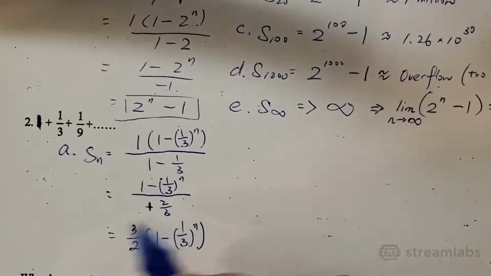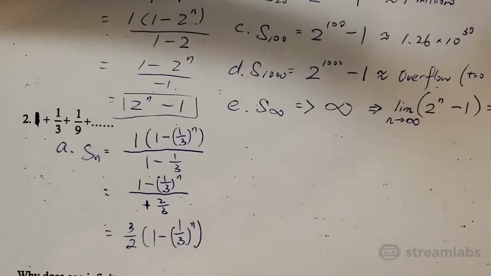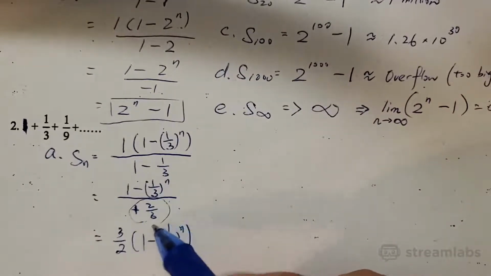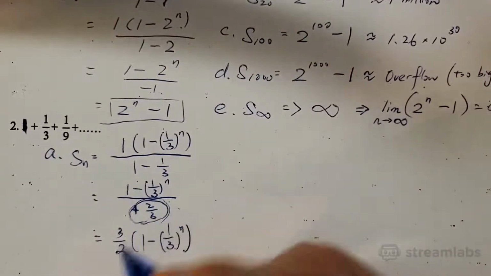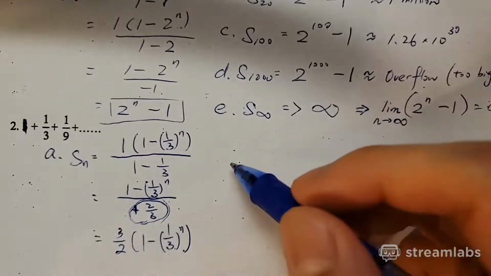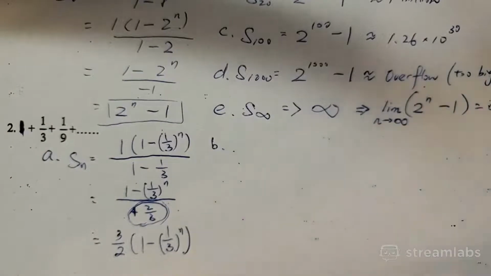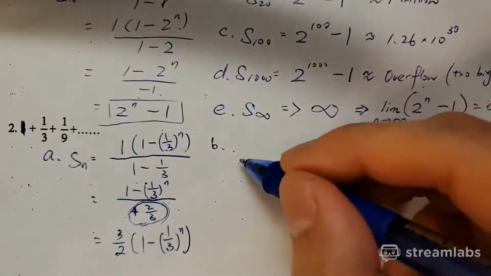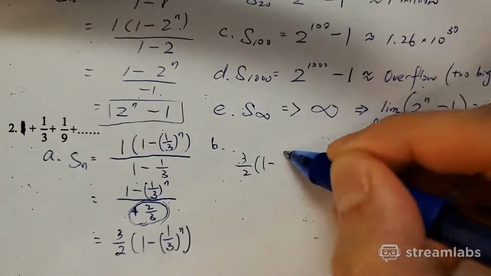All right, so first of all, my Sn should look like this. It's the same thing except the bottom one is positive this time because it's 1 minus 1/3. So it's positive 2/3, and then you flip it, you'd get 3/2. Then for B, you want the 20th term, so you plug in the 20th term. You don't even have to simplify.